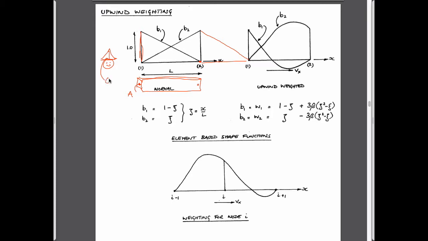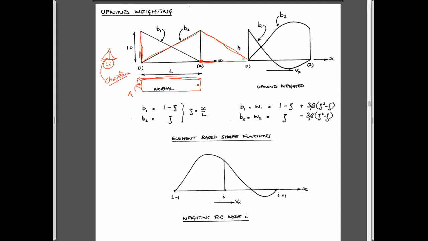So sometimes referred to as chapeau shape functions. It's French for hat, and so like Napoleon's hat. And so if you think of them instead of being on the element but relative to a given node, where you have one shape function on one side and one shape function on the other side, then these shape functions look like a hat.